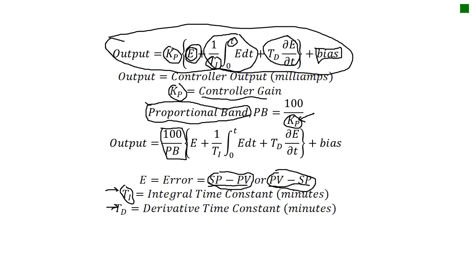And the same would be true if we were above our set point, we would decrease the control valve position too much. And so what we want to do is look at what is the optimal value of the controller gain, what's the optimal value of the integral time constant and the derivative time constant.